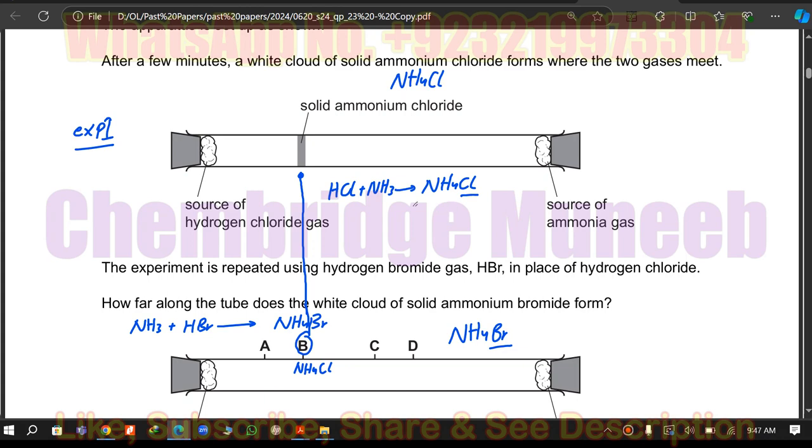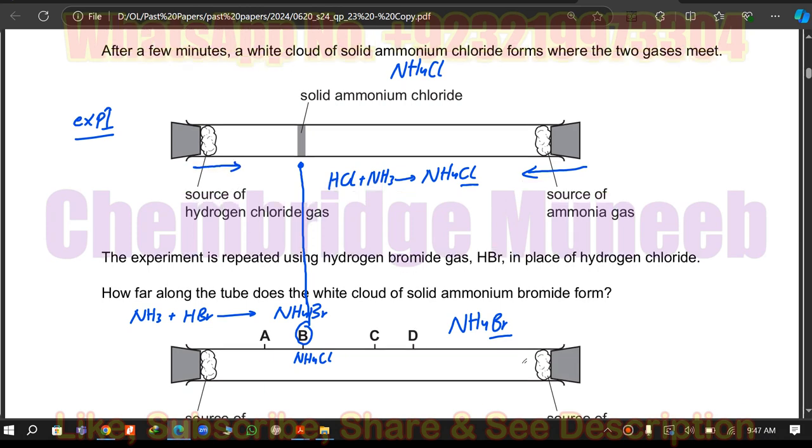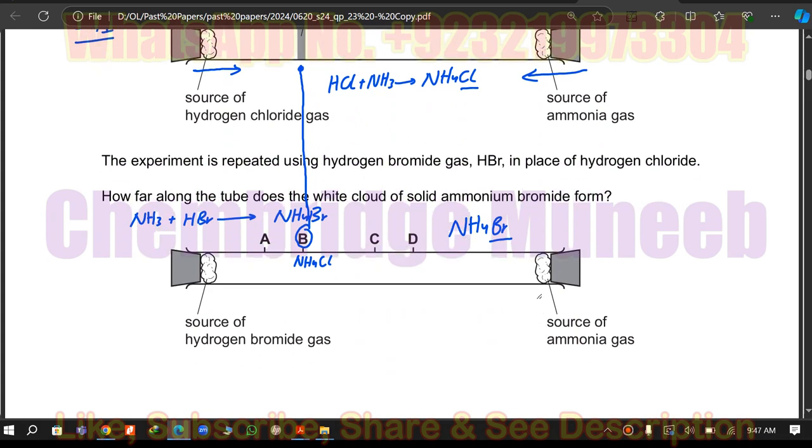We know that ammonia gas is moving from the right and HCl gas is moving from the left side. The same is the case for the second diagram, where ammonia gas is moving from right to left and the hydrogen bromide gas is moving from left to right. But now there is a difference in the masses: the mass of HCl versus the mass of HBr.